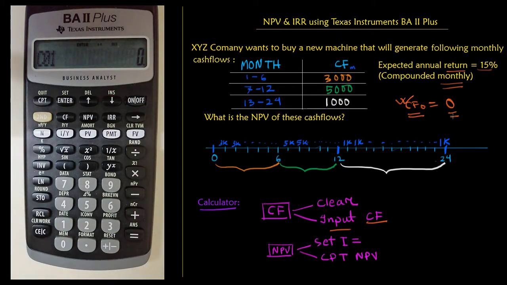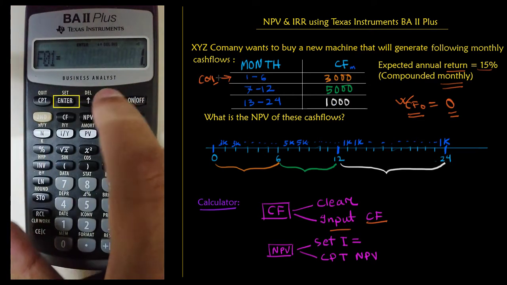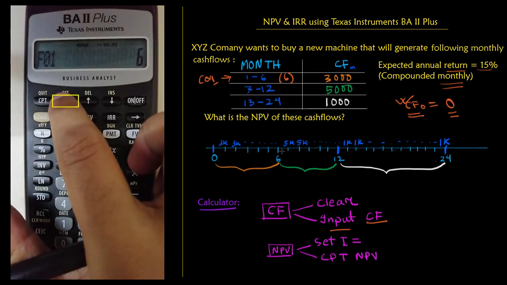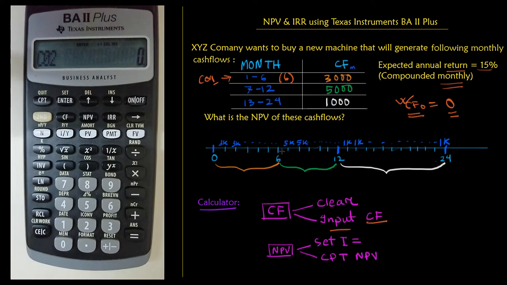Then C01 is actually this series of cash flows. So put 3000, enter. And in the frequency of this cash flow there are actually 6 months here, so we'll put 6, then press enter.